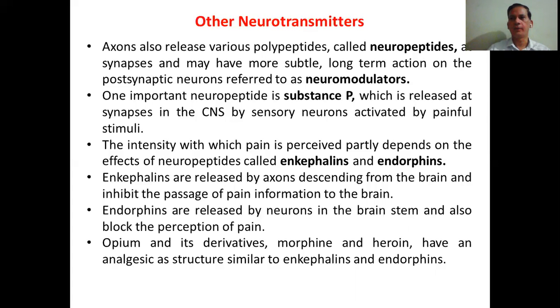So they have a pain relieving effect. Usually if somebody has an accident or some kind of wound, these opium derivatives are given to mask the pain which is generated because of that injury or wound.